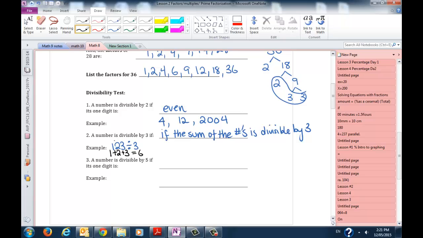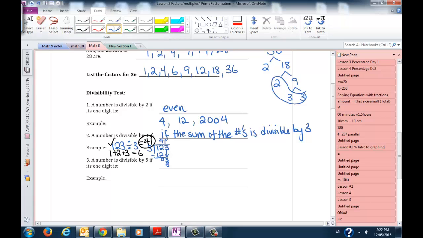So I know that 123 will be divisible by 3, and I can just do long division on it. So 123 divided by 3. 3 goes into 12 4 times. 12 minus 12 is 0. I drop down my 3. 3 goes into 3 1 time. So my answer is going to be 41. Sorry, that got a little bit messy.